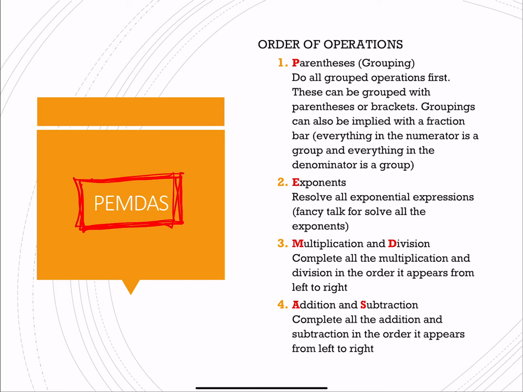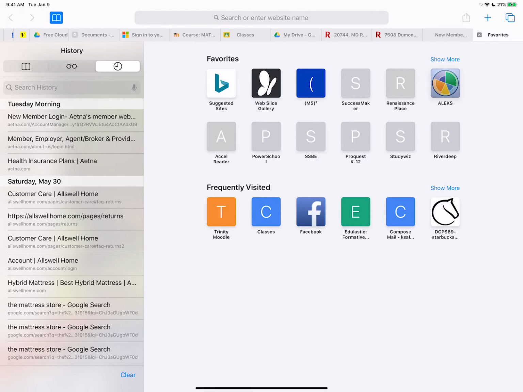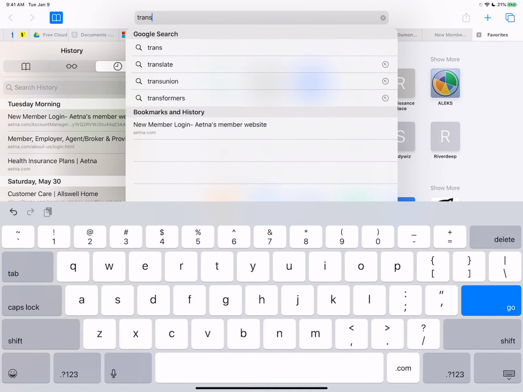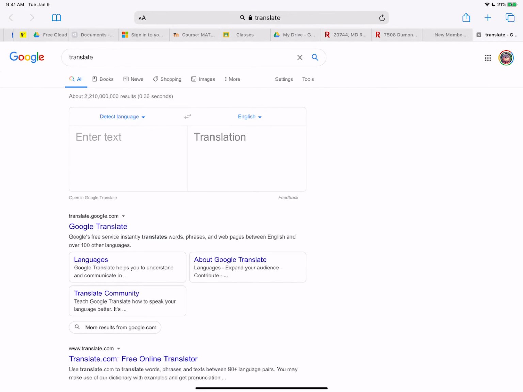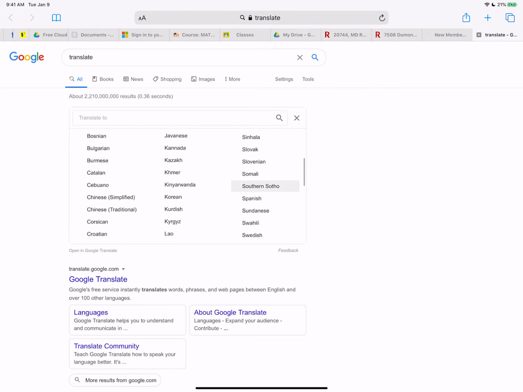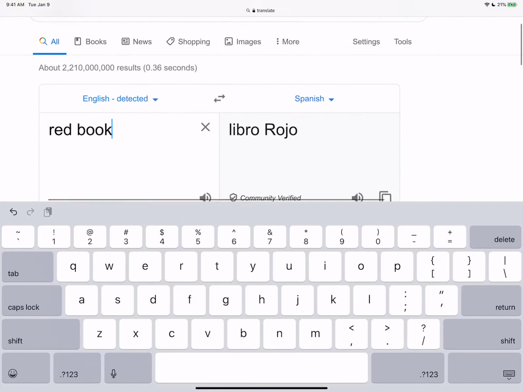Now, I always like to think of PEMDAS like, you know how in Spanish, let's do this really quickly. Let's translate. Any of you all speak Spanish? I take that as a no. So we are going to translate from English to Spanish. We're going to translate red book.